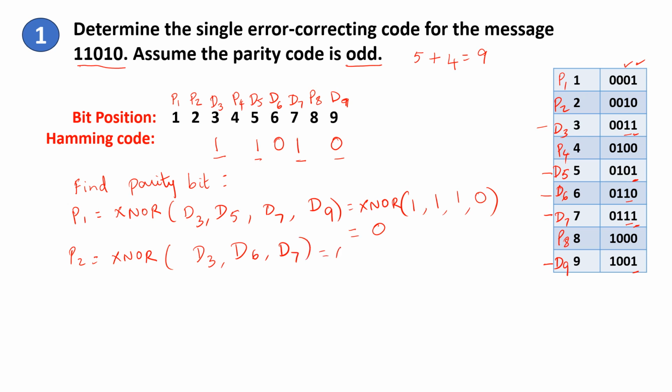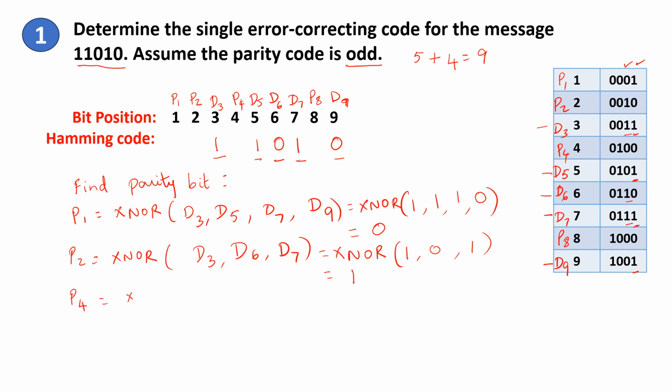So P2 is equal to XNOR of D3 is 1, D6 is 0, D7 is 1. XNOR gives output 1 when there is an even number of ones. So the output is 1.